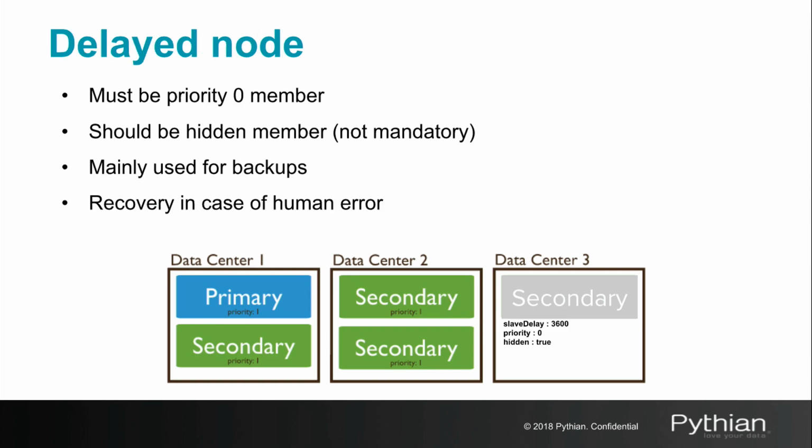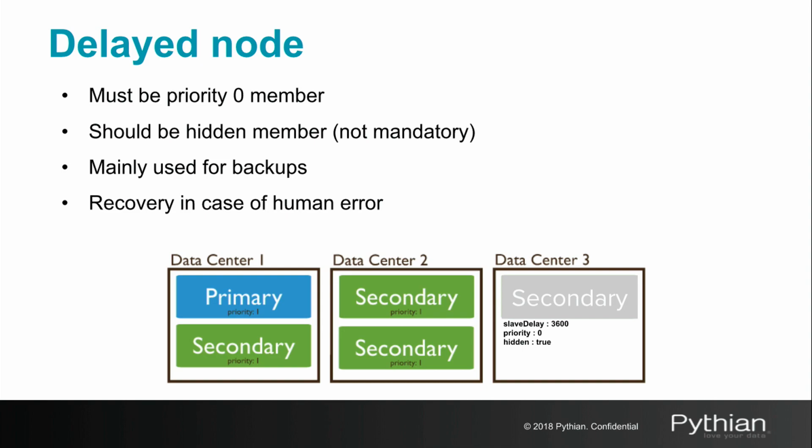A delayed node is also a priority 0 node. It should be hidden, but it's not mandatory, because it represents a previous state of the data. This node is also always secondary.